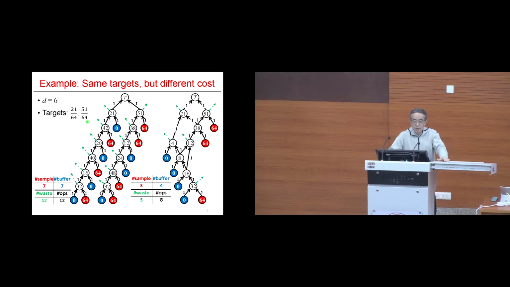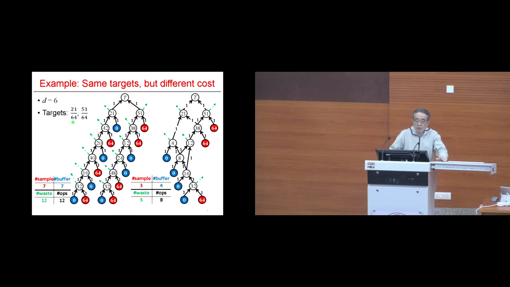So for example, if your task is to generate this and this ratio, then this is called a dilution graph, where we want to generate these two ratios. For example, here, this circle means the ratio is 64 over 64, and this is 0 over 64.